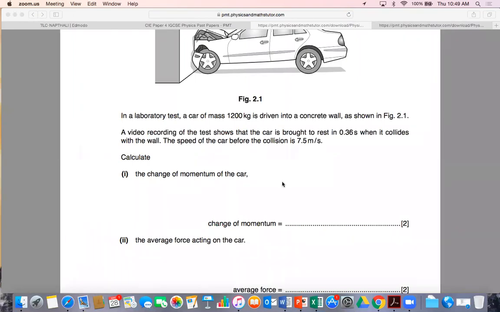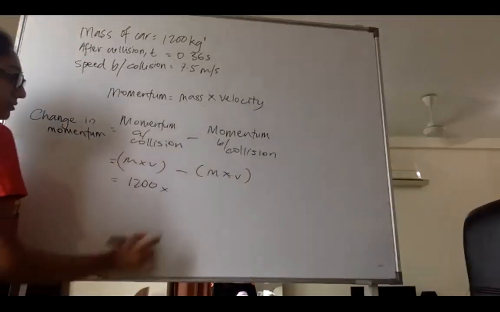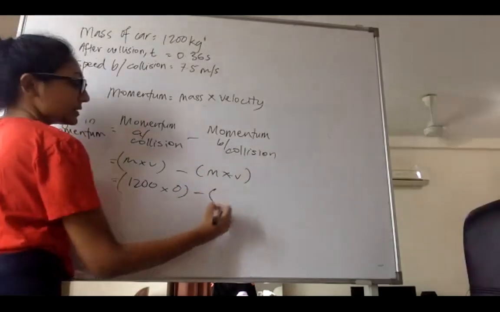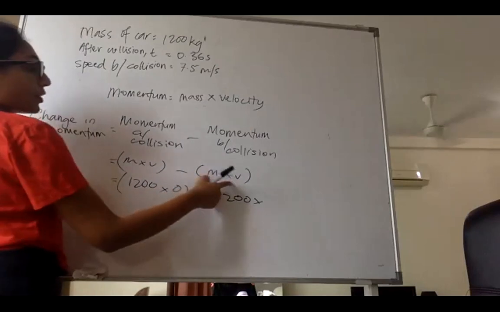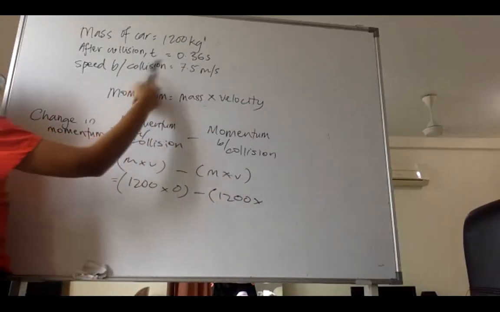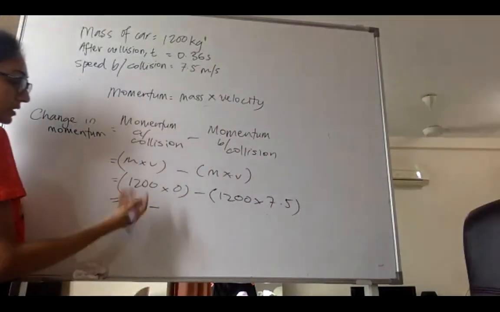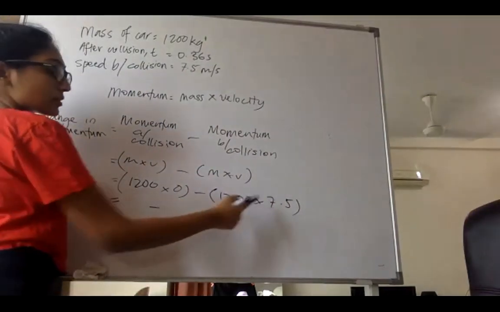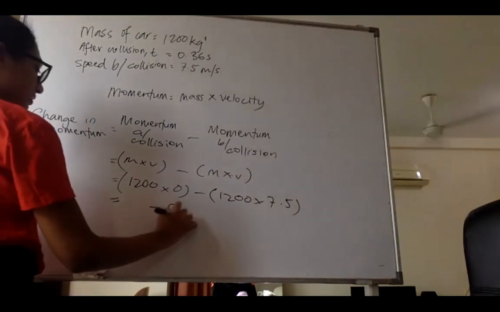After it hits the wall, is it still moving? The car is at rest, so it's 0. So 0 minus 1,200 times 7.5, which is 9,000.